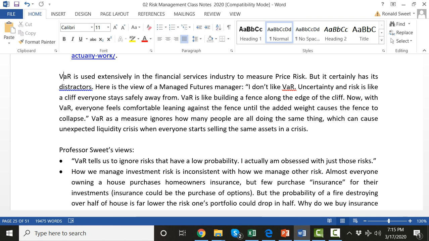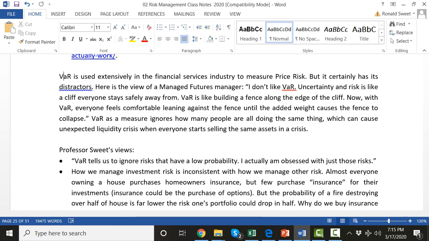Uncertainty and risk is like a cliff everyone stays away from. VAR is like building a fence along the edge of the cliff. Now, with that fence, with VAR, everyone feels comfortable leaning against the fence until all the added weight causes the fence to collapse.